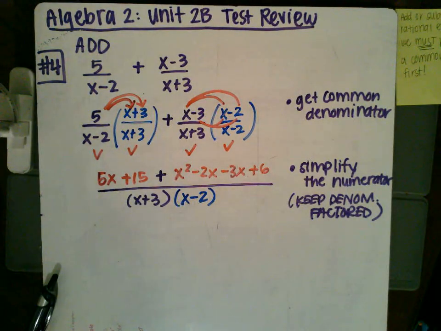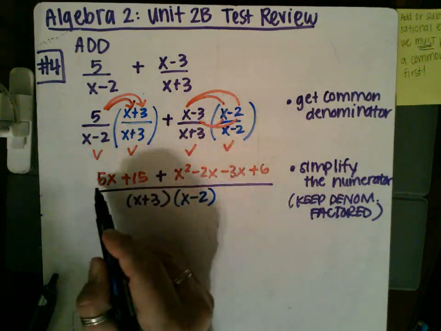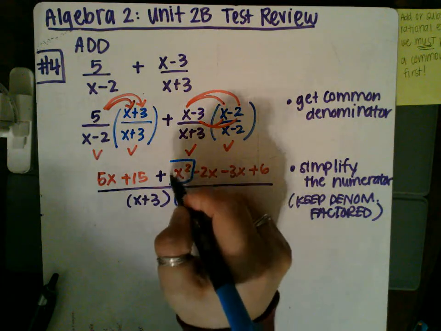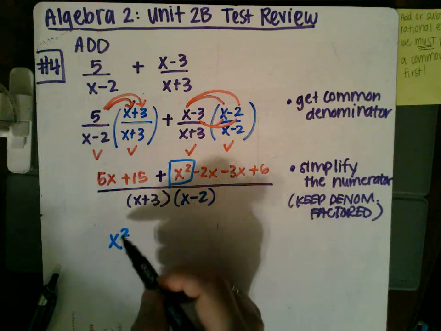Okay, and since we're in the process of simplifying the numerator, I want to combine my like terms as my next step of simplifying. Meaning x squareds with x squareds, x's with x's, numbers with numbers. So standard form says identify the highest degree. The highest degree here is x squared. So x squared, I'm just going to write by itself in the front.